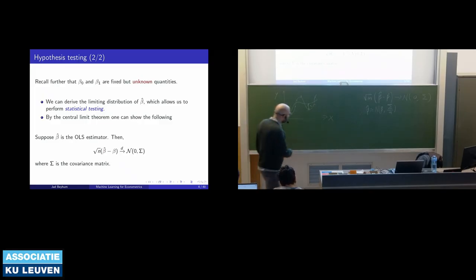So if I assume H0: beta is equal to 0, then this implies that beta hat follows approximately a normal 0, sigma over n.